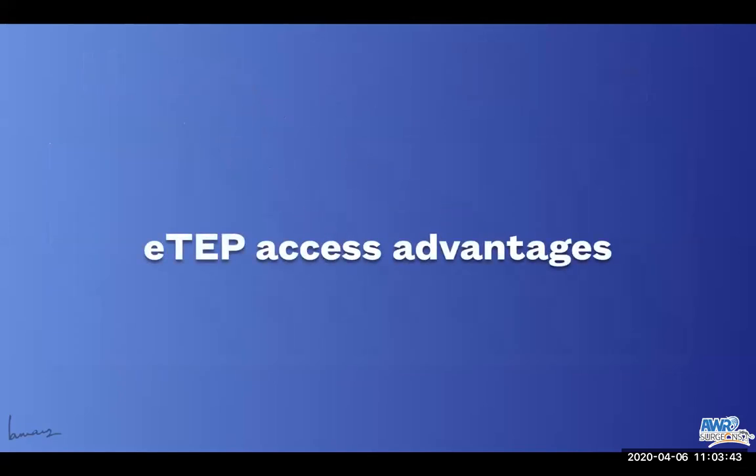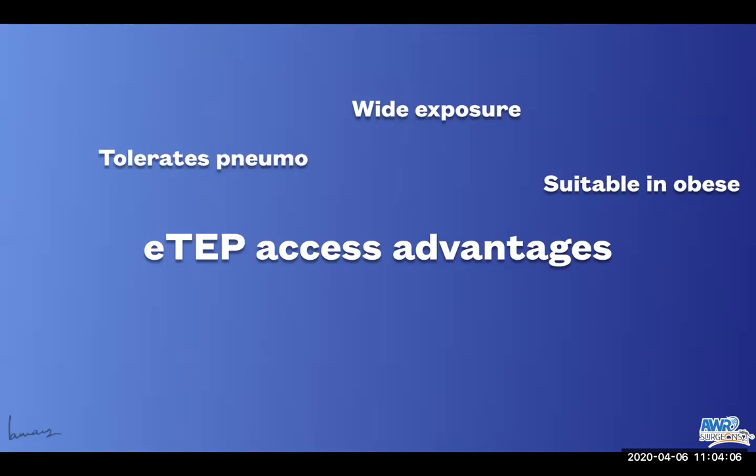So what are the access advantages? If you go in through eTEP, what are the advantages? One is, if you're doing inguinals or even ventrals, your exposure becomes very wide. The entire abdominal wall is potentially accessible through your ports. It tolerates pneumoperitoneum for inguinals especially, so that becomes a big advantage over regular TEP. Even in obese patients, this is an advantage.